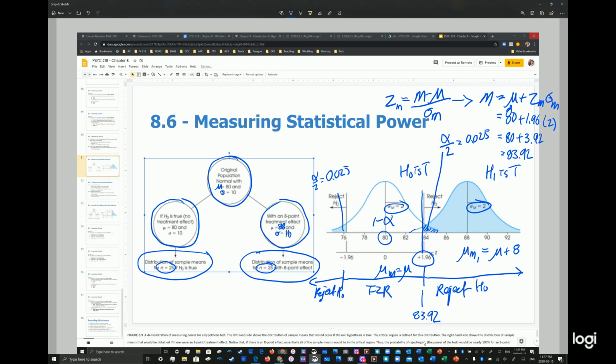But when the alternative distribution is true, no matter how far away it is from the null distribution, then it is no longer the null distribution. The null is no longer true. So there is a region in the alternative distribution. Usually it's much smaller than the power, depending on how far the alternative mean is and what the shape of the standard error is in the alternative distribution.